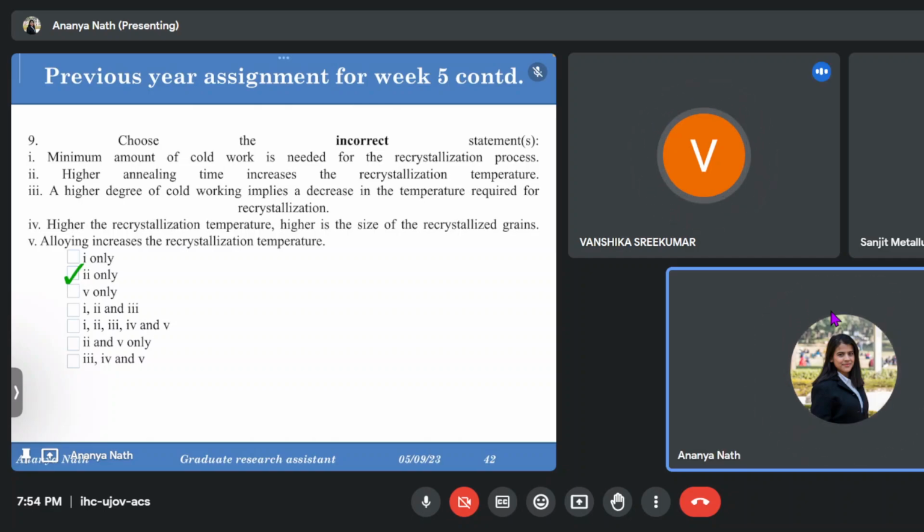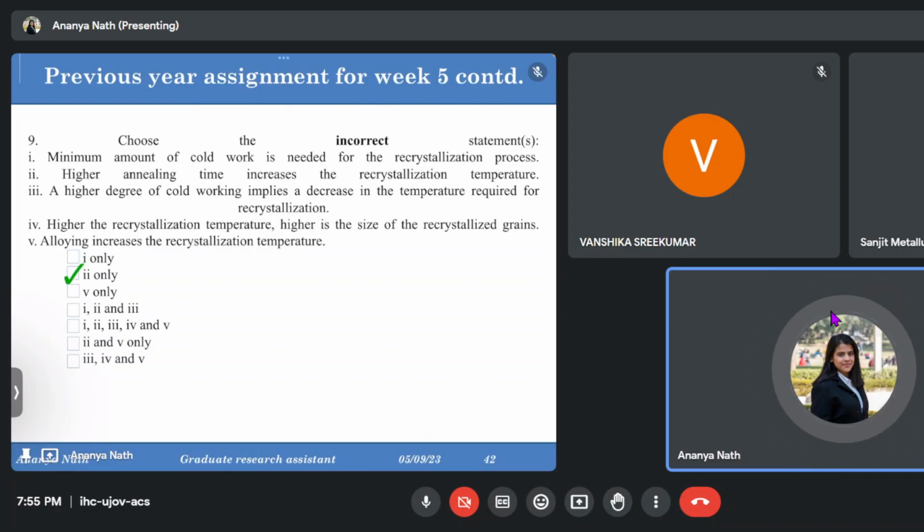Obviously it affects, the alloying solute, because of the alloying we are getting solute atoms and precipitates. Those precipitates affect the recrystallization temperature and time, but you cannot directly comment that if you are increasing the alloying elements, the recrystallization temperature is increasing, because not all alloying elements form precipitates.